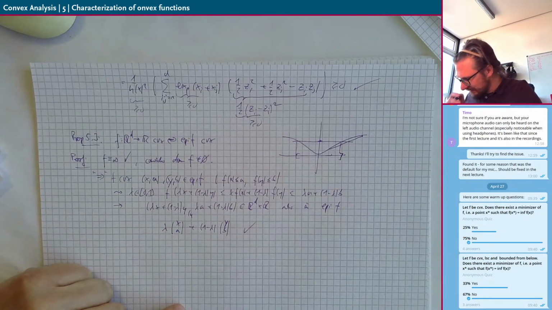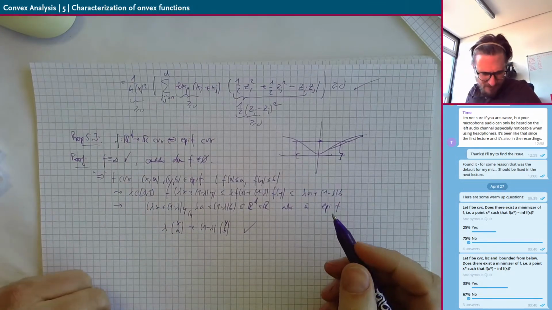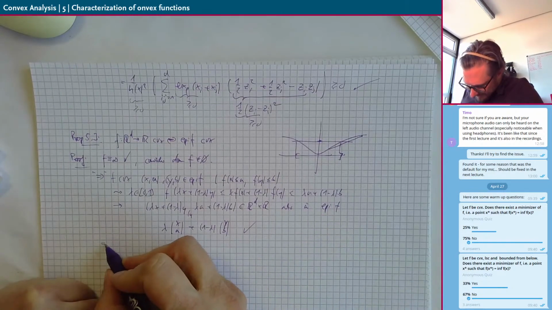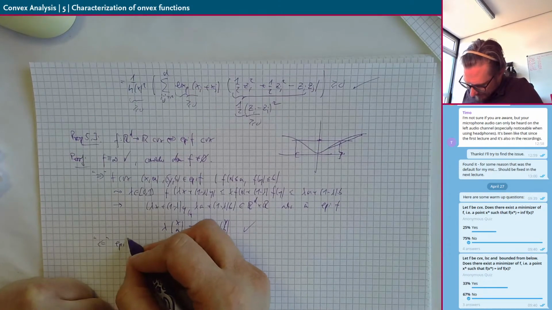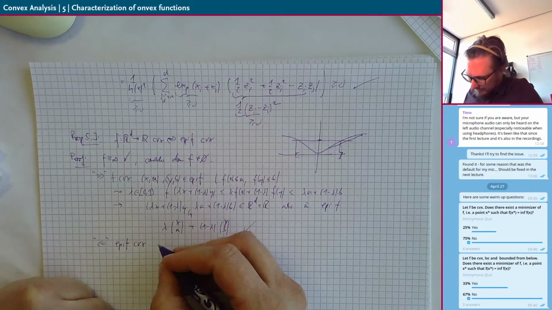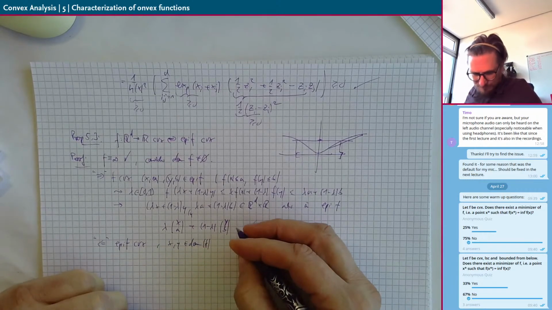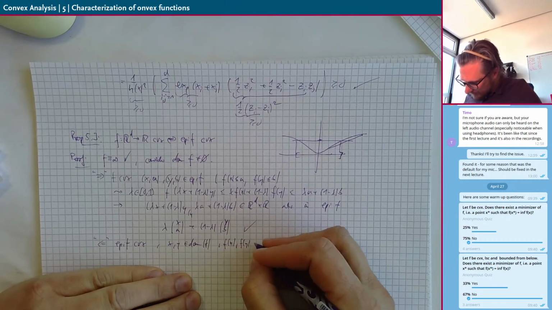Sometimes I write these tuples in this way or in that way, depending on which I like better. To go back, it's basically similar. Let the epigraph of f be convex and take 2 points in the domain of f, where we don't allow a point minus infinity.